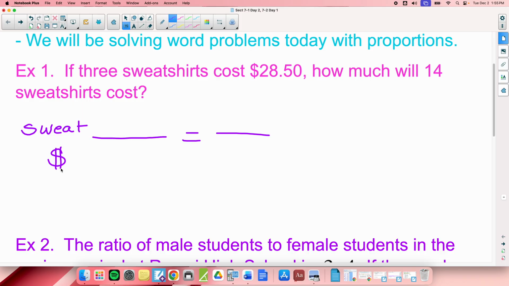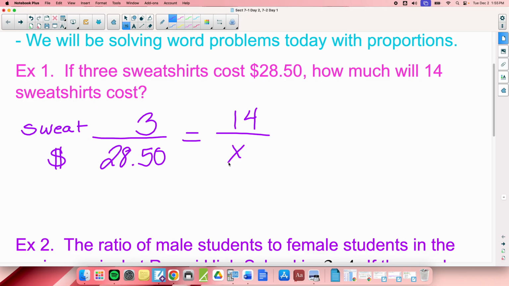So we're gonna make a proportion, and this first one says we have 3 sweatshirts and it costs $28.50. And it says how much will 14 sweatshirts cost? So this is what we don't know, okay?